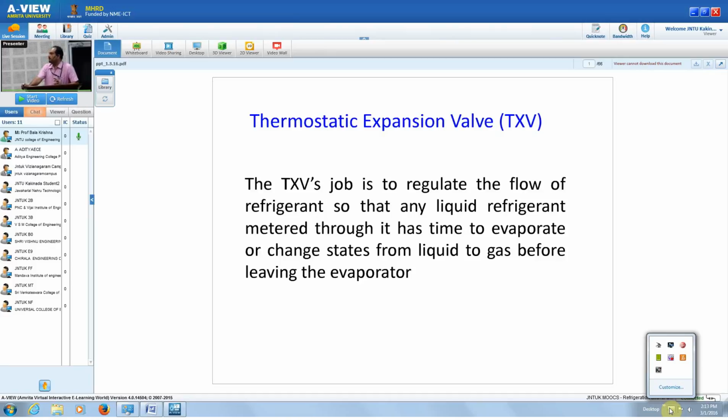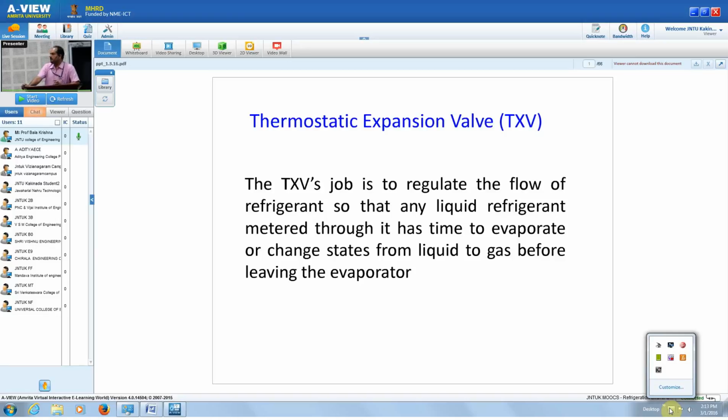Like if your refrigerator is keeping products inside, maybe 10 kg of meat or vegetables, and suddenly the quantity is increased from 10 kg to 15 kg, you still have to maintain the same temperature.